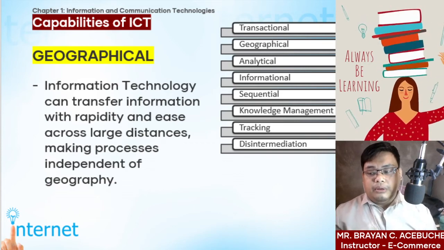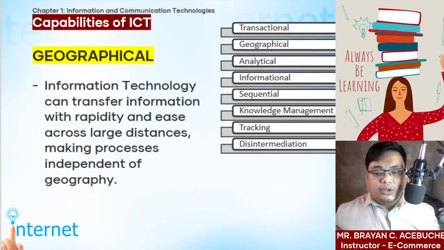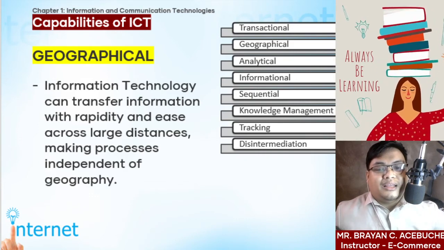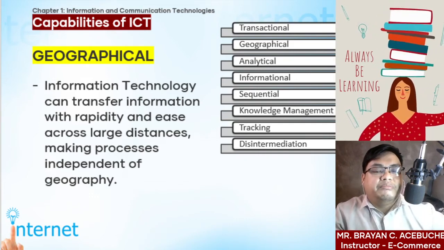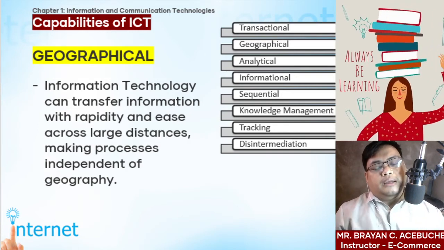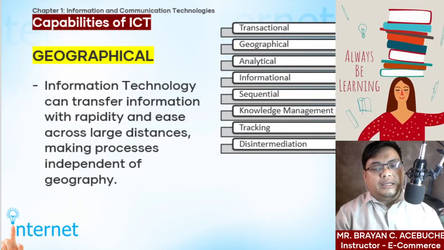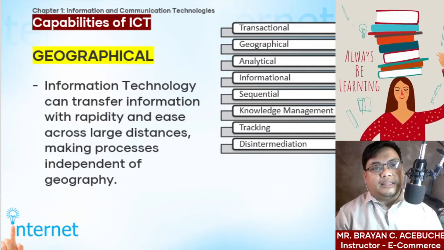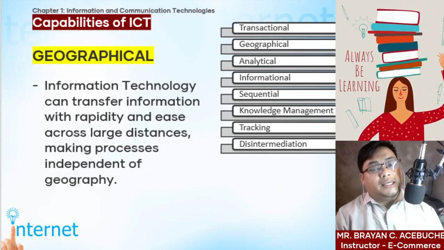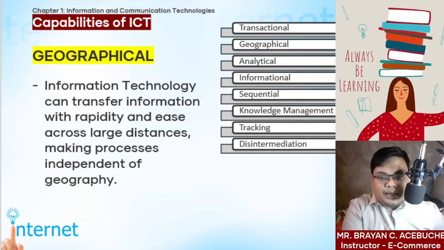Kasi regardless of geographical location, we can communicate. We can transfer information using email or other transferring applications. So hindi na kailangan ng magkikita pa or let's say a human messenger para sabihin yung ganitong importanteng bagay.